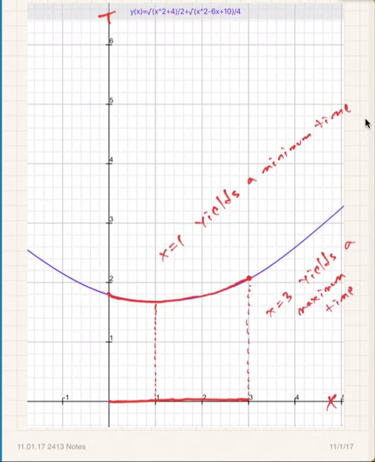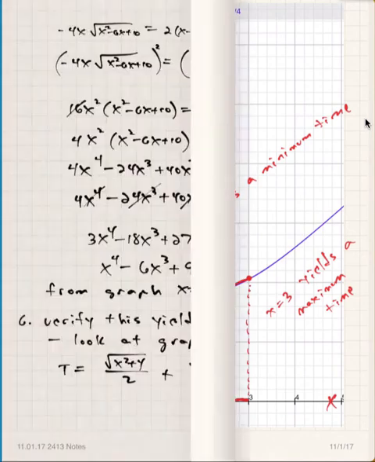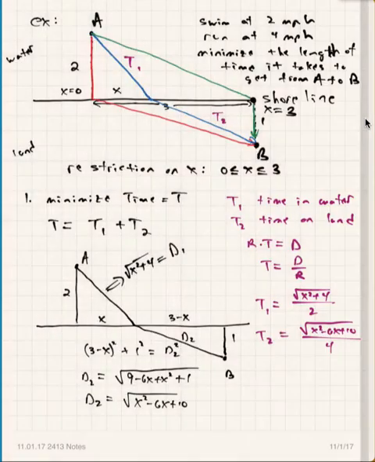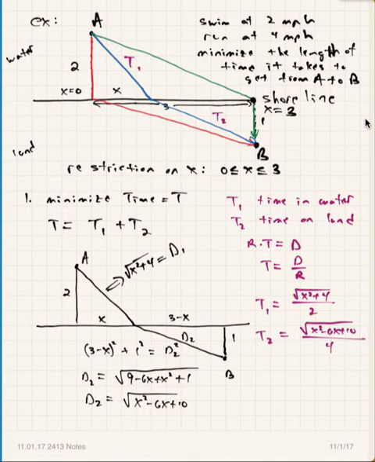Right, and remember what that makes sense, because if you think about the physical aspects of the problem, x equals 3 is if you swam all the way to the point on the shore opposite point B. It looked pretty clear from the application here that that would be the maximum length of time. But what we're saying is if you swim 1 mile downshore, this would yield a minimum length of time. So that's x equals 1, which is right here. And that would yield a minimum length of time.